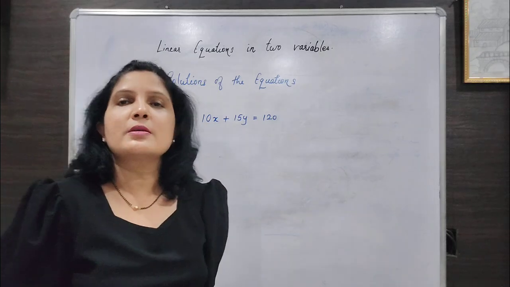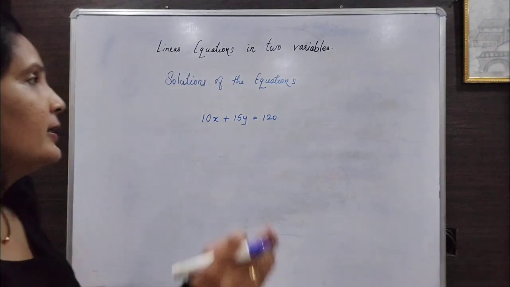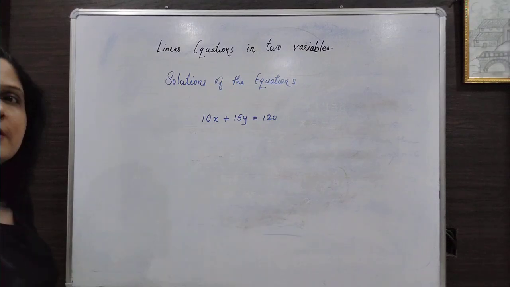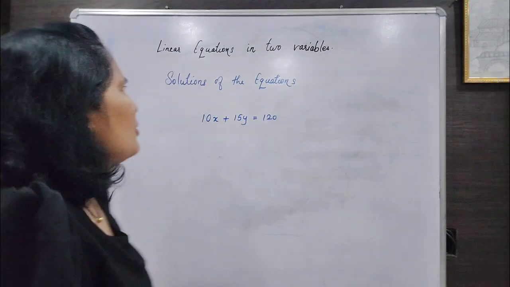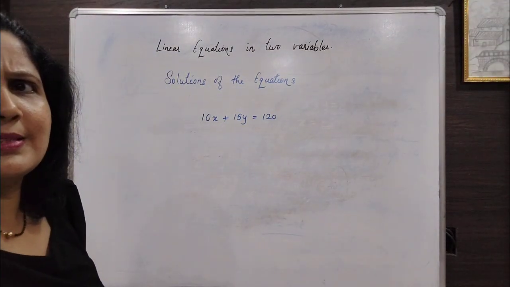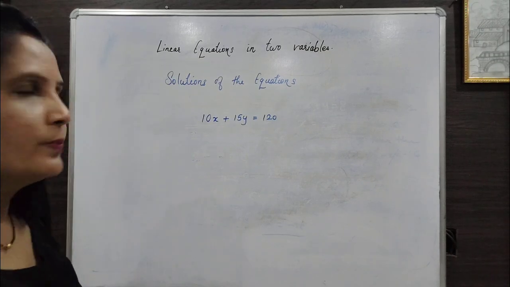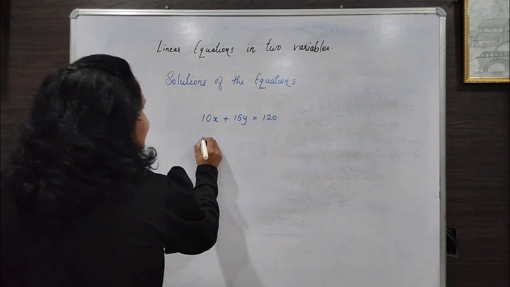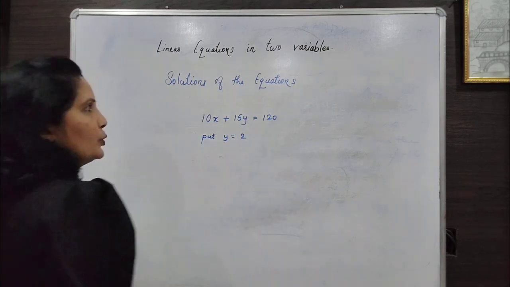In the previous sums, we saw the value of x. Now we'll substitute a certain value of y. As I said, you can use any value. For this sum, I am using y as 2. So let's put y is equal to 2.